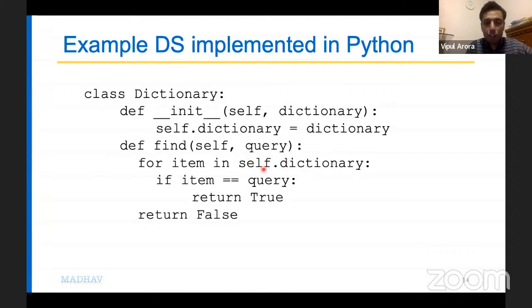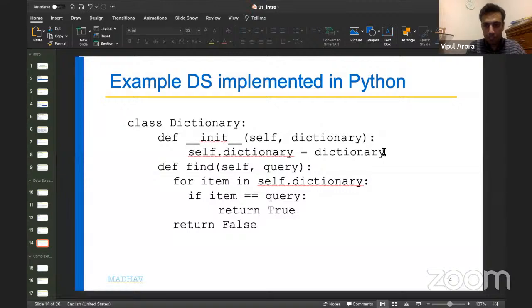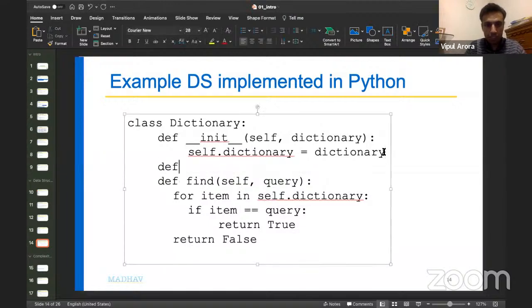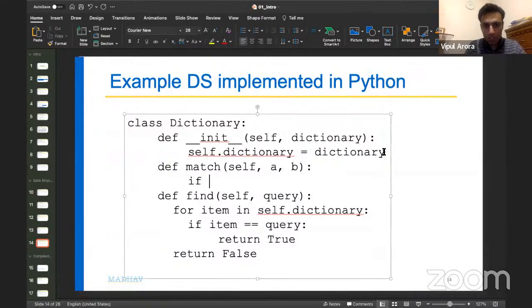If I want to access other functions, that also I can access using self dot. Let's say I make another function called define match. If A is same as B, true.